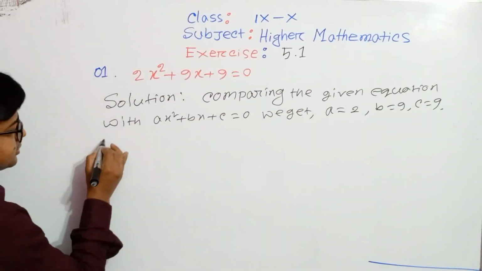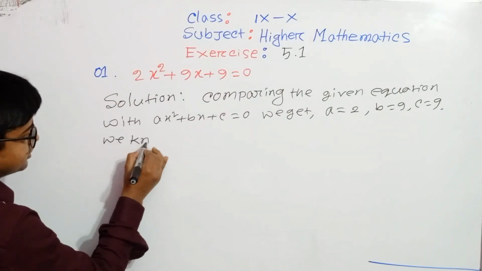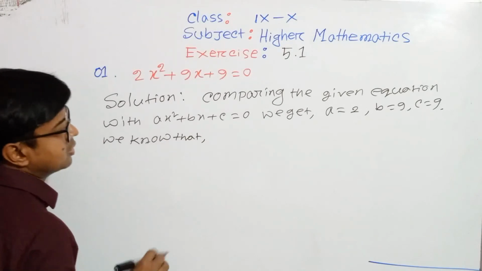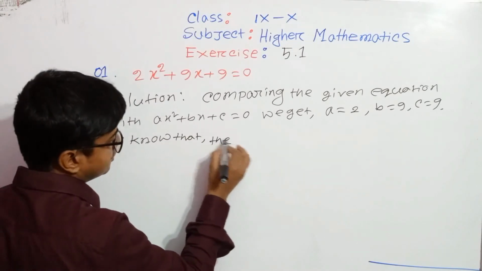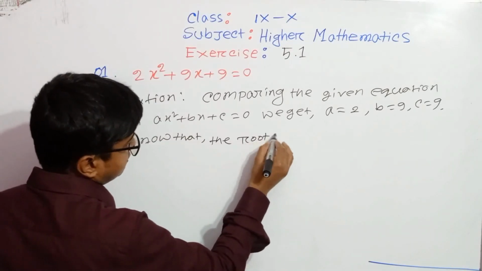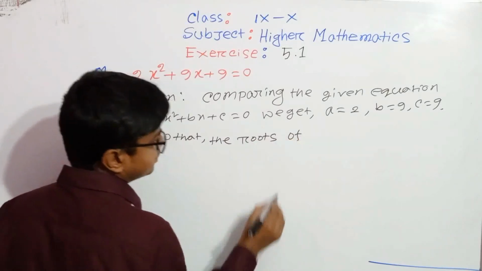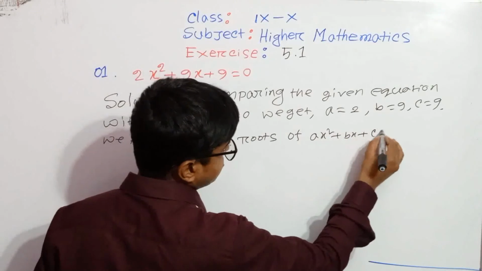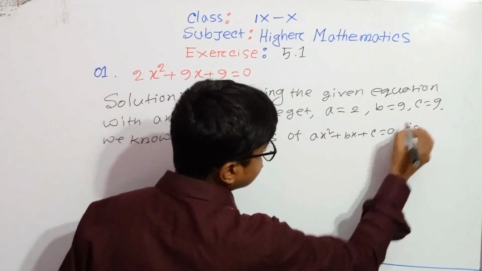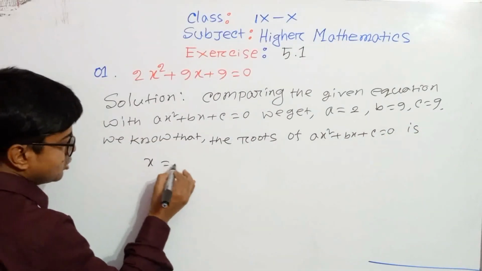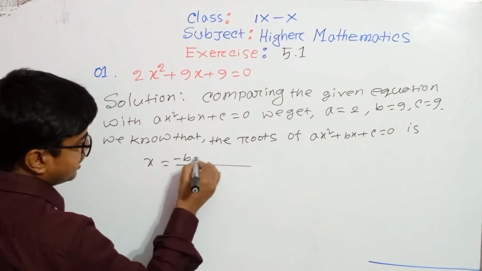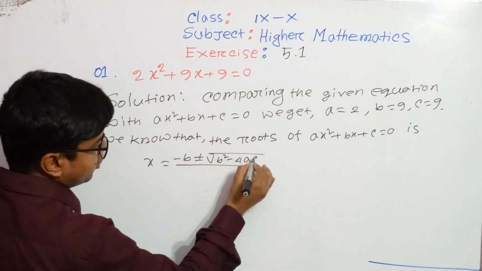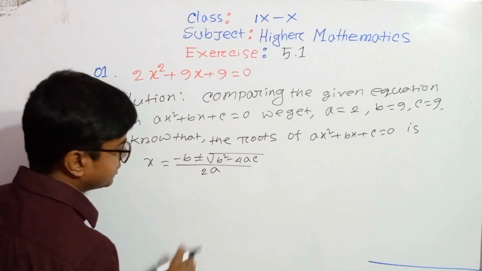We know that the roots of ax square plus bx plus c equals 0 are x equals minus b plus or minus root of b square minus 4ac by twice a.